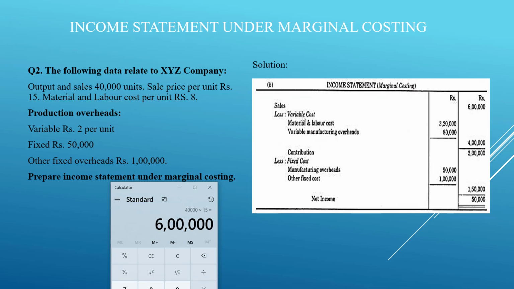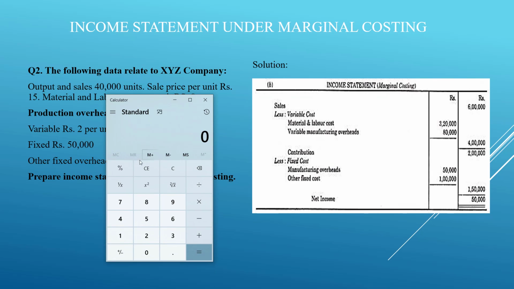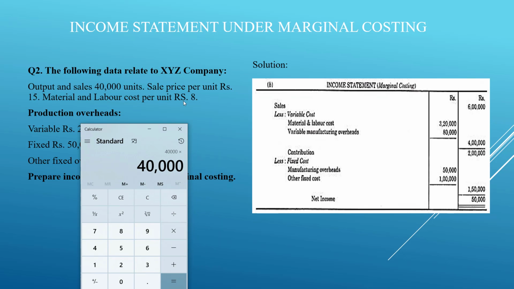Now from here we have to find out what the variable costs are. Material, yes, raw material is direct material. Direct labor cost is given as 8 per unit. But what is the quantity? The quantity, or the output, is 40,000, right? So what we can do is write here 40,000 into the rate for material and labor cost.